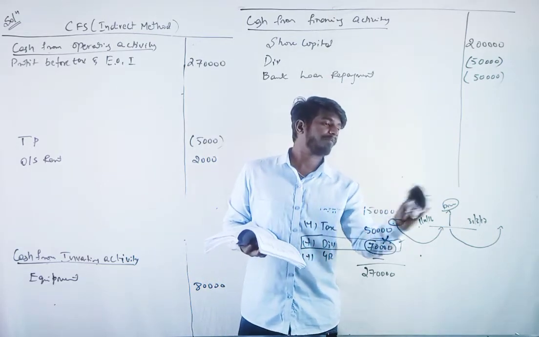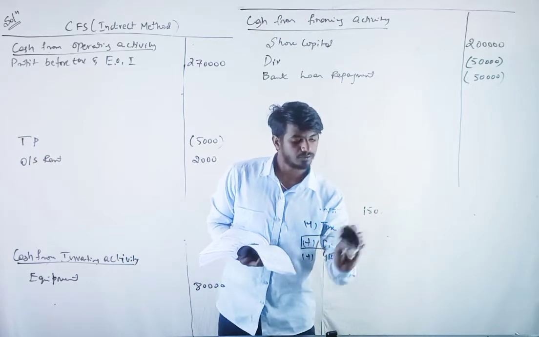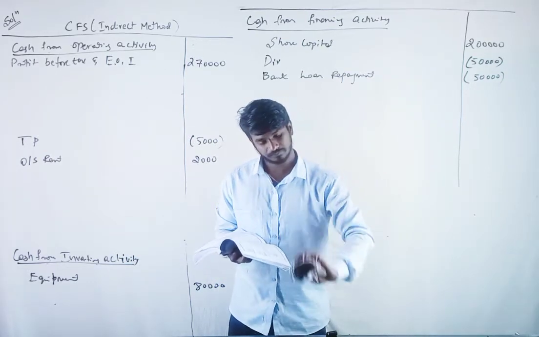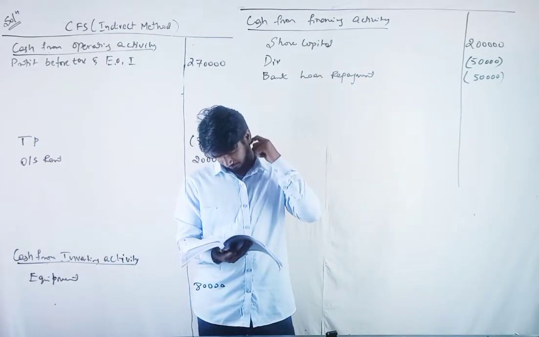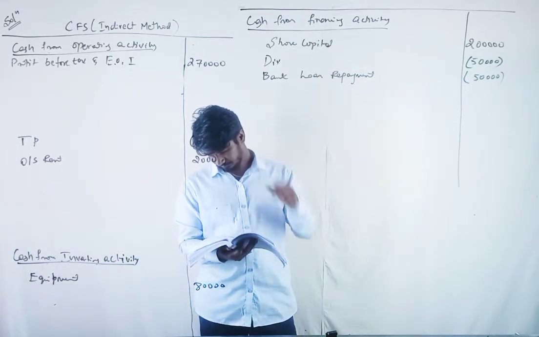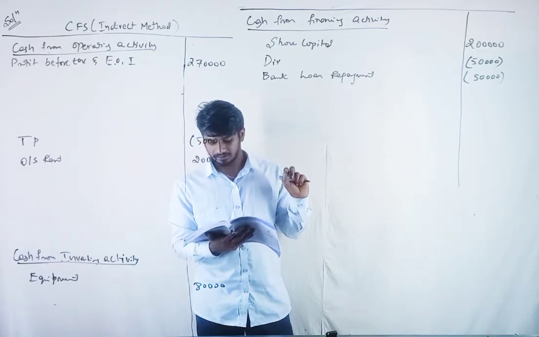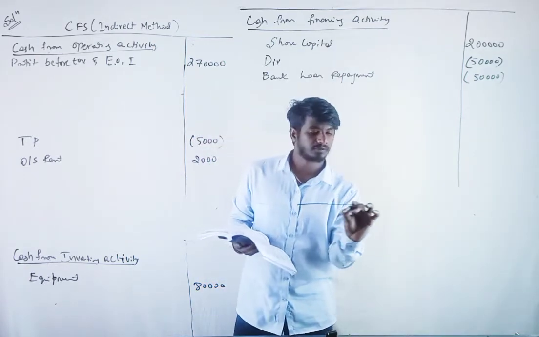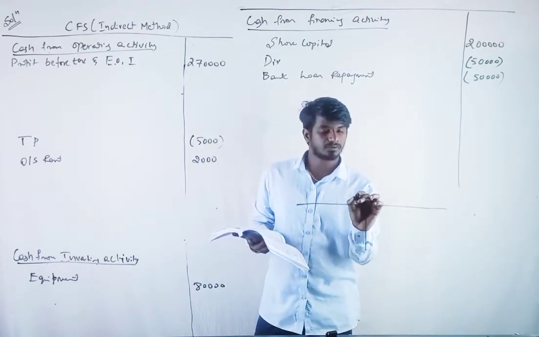Shall we do the equipment account? In the equipment account, we'll get to know better. Okay. How much is it? 2,30,000. Let me write the format first. It is an asset account, right?